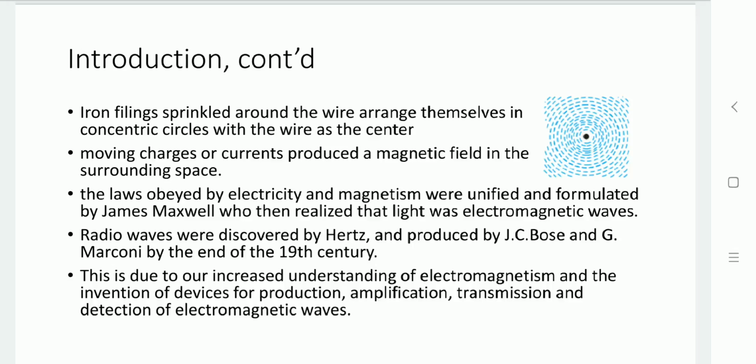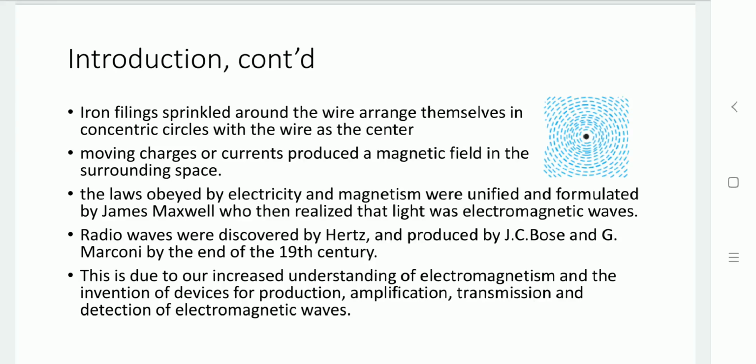Electricity and magnetism were unified and formulated by Maxwell, who then realized that light is also an electromagnetic wave. It means the electric field and magnetic field can both be observed at the same time.